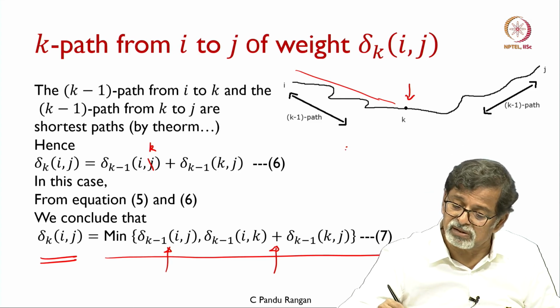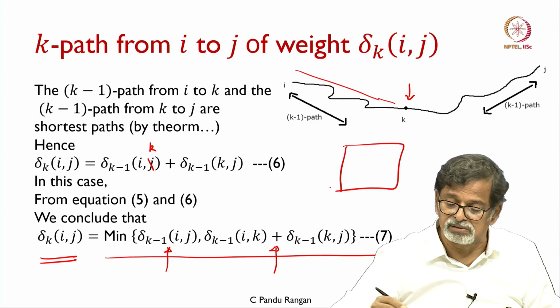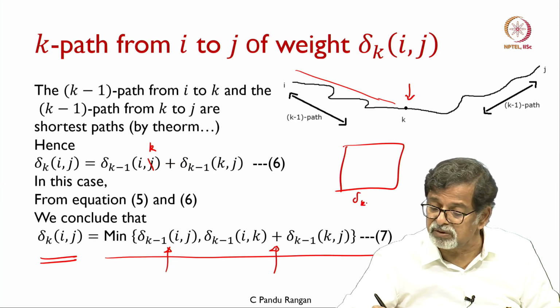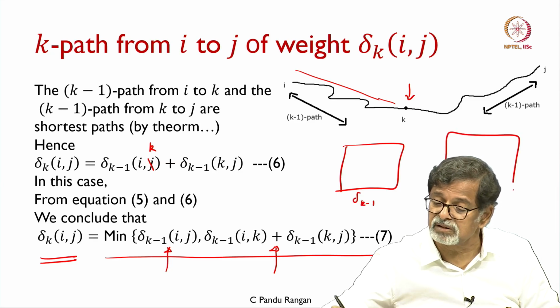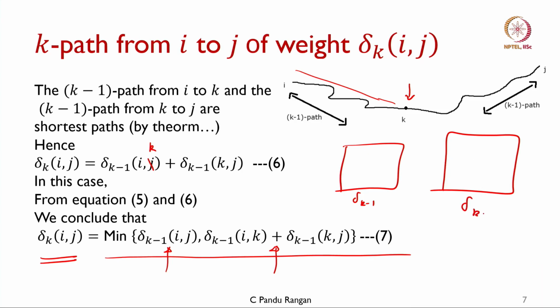Okay. So, here is the delta k minus 1 matrix, and the delta k matrix. In the delta k matrix, I want to compute this. If I want to compute that, what do I have to do? I have to look at the same ij value, ik and kj, depending on where k is.